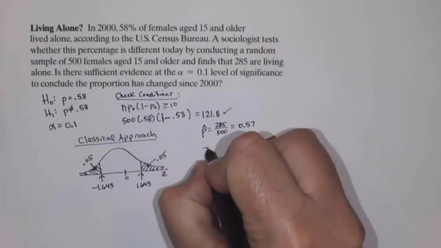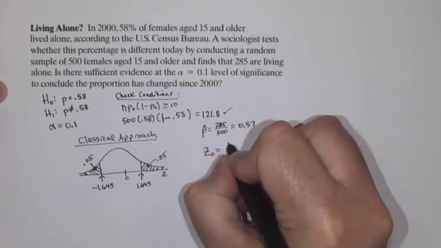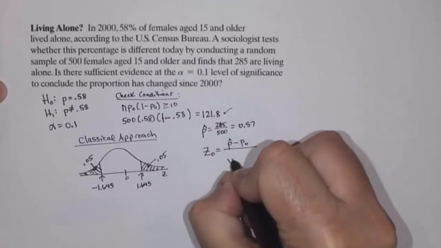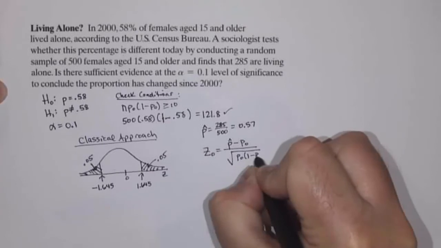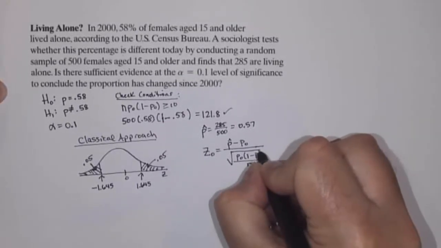Well, I need to change that to a test statistic, z naught. And so again, the formula for that is that we're going to take p hat minus the p from the null hypothesis, divided by the square root of the p from the null hypothesis times 1 minus the p from the null hypothesis, all over the sample size.